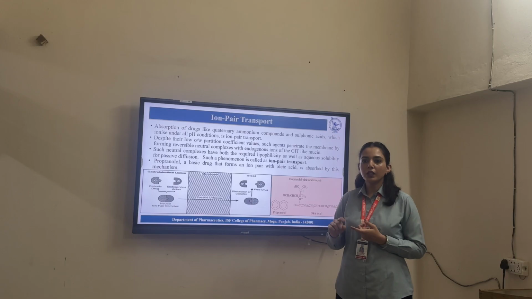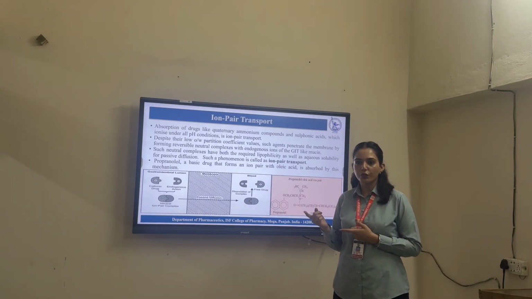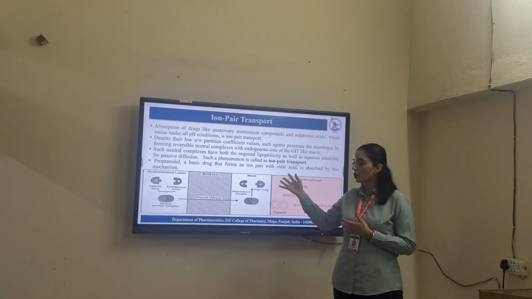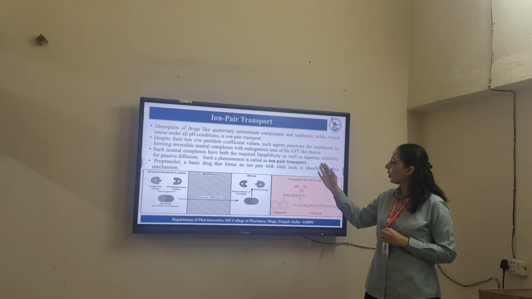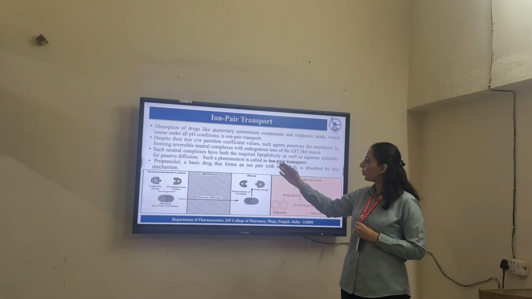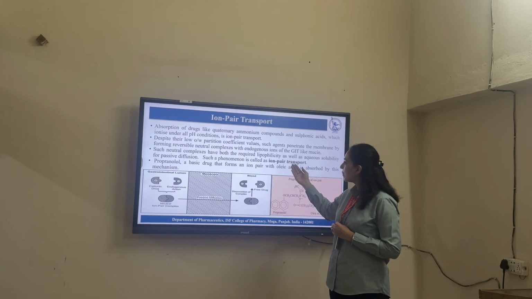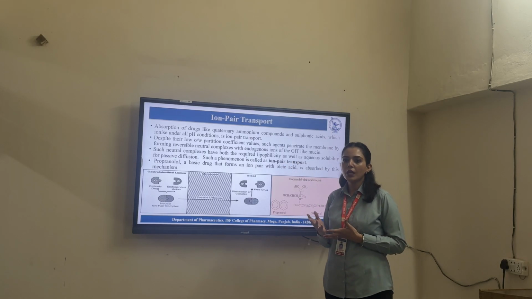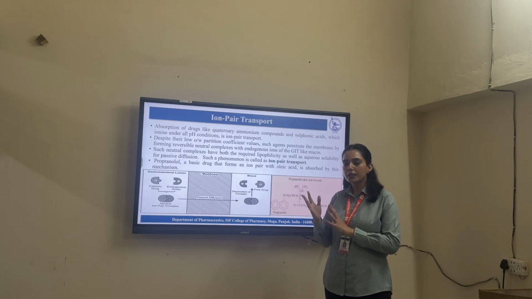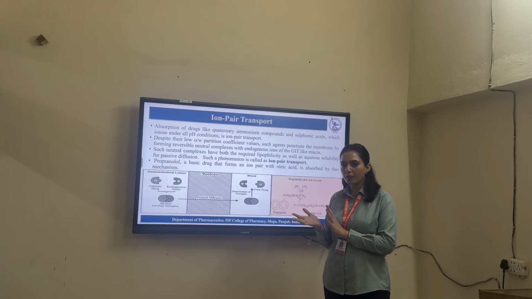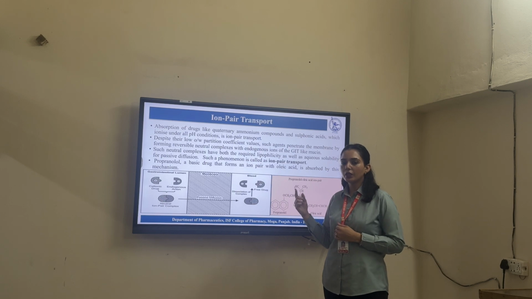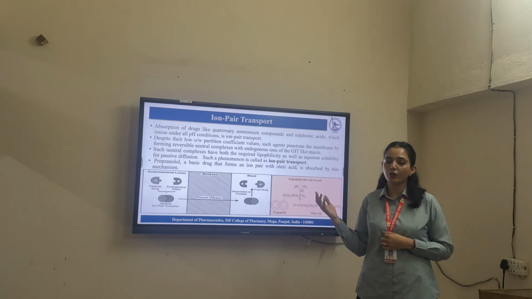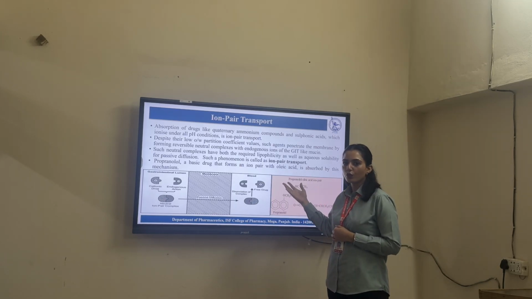Despite their low oil-water partition coefficient values, such agents penetrate the membrane by forming reversible neutral complexes with endogenous ions of the GIT like mucin. Such neutral complexes can easily pass through the membrane, and after traveling through the membrane, they dissociate, and the drug retains its free form to distribute to the tissues or organs.